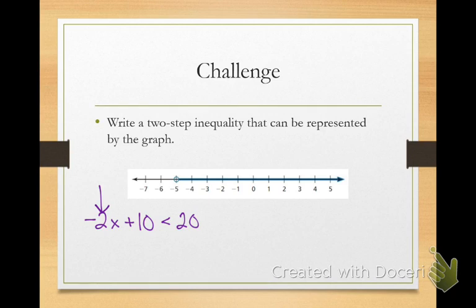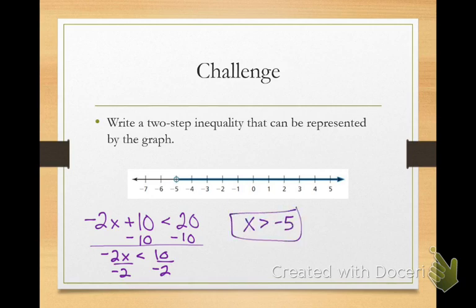So that's the only thing. If you connect a negative to your variable, you'll have to switch your inequality. But that still actually works out great. You still subtract 10, and now negative 2x is less than 10. Divide by negative 2 on both sides. Because you divided by a negative, you now reverse your inequality.